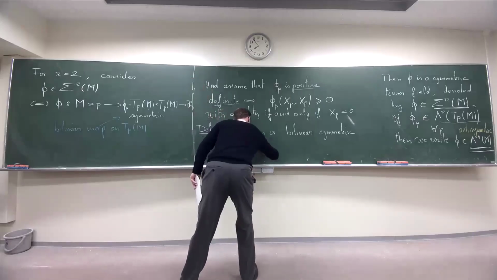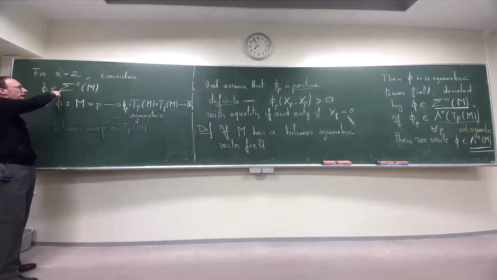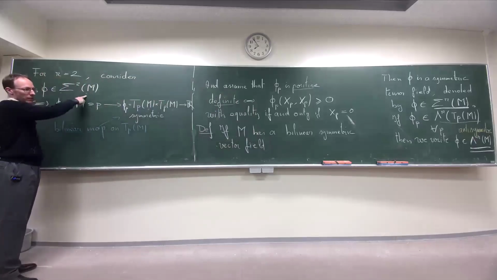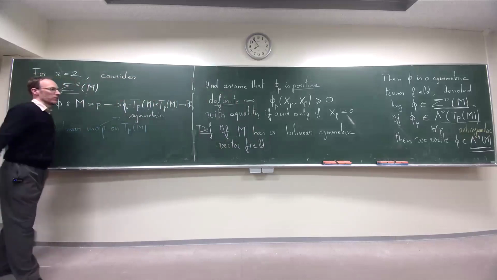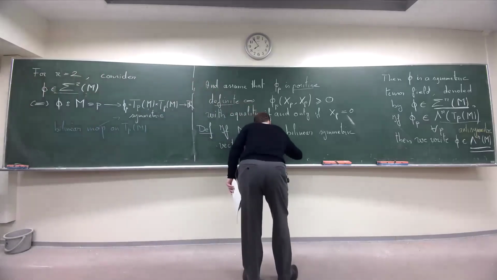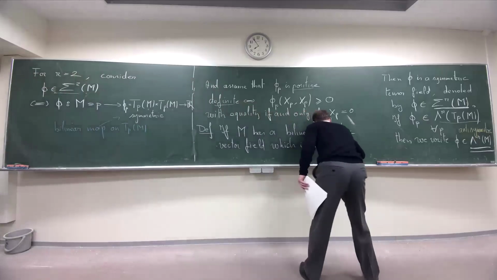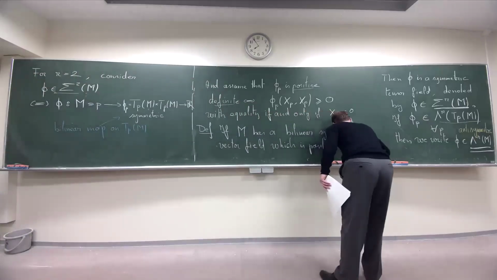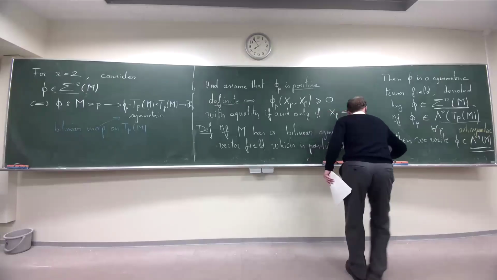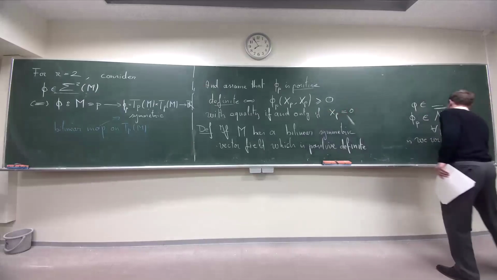So exactly what I have introduced, but I use the two words, either an element of this, which is already symmetric, or it means exactly this. So if it possesses a bilinear symmetric vector field which is positive definite, then this manifold is called a Riemannian manifold.